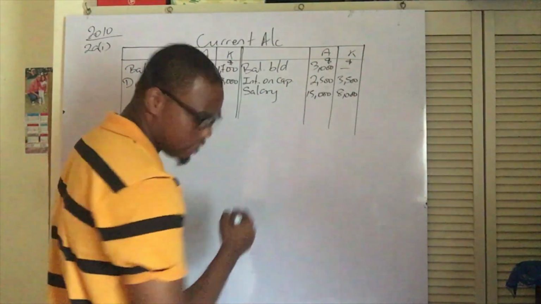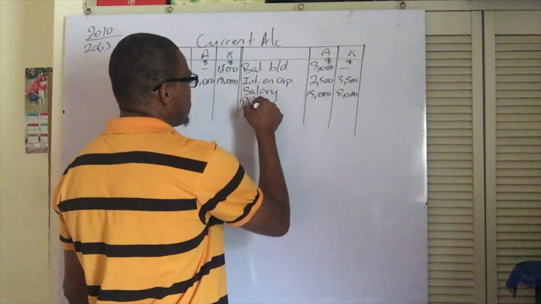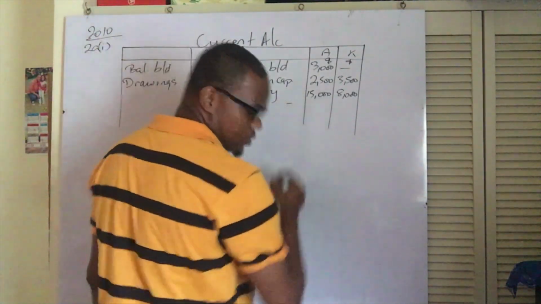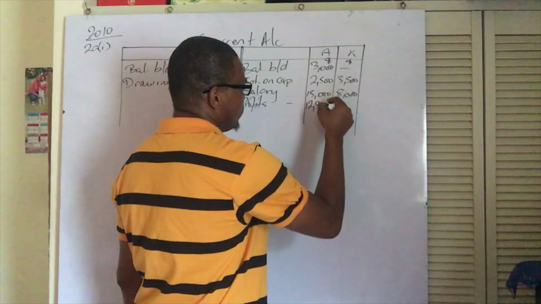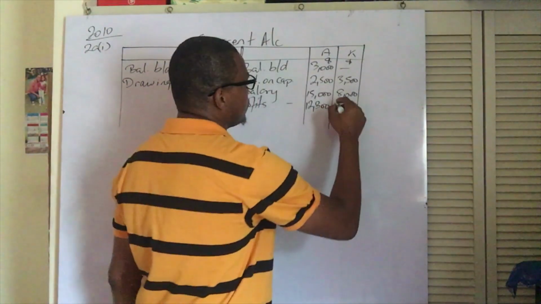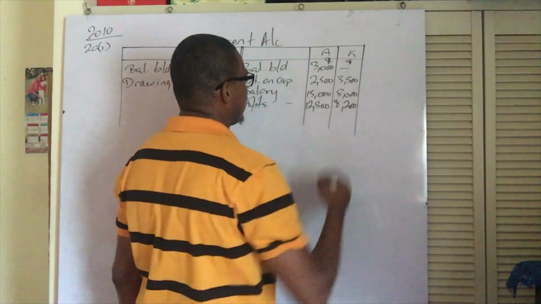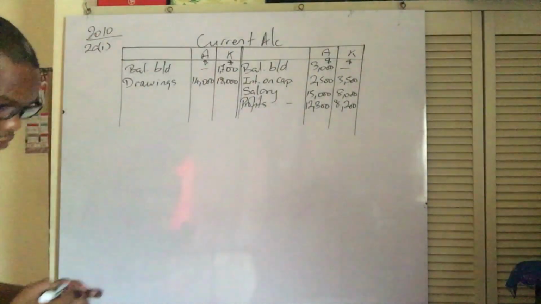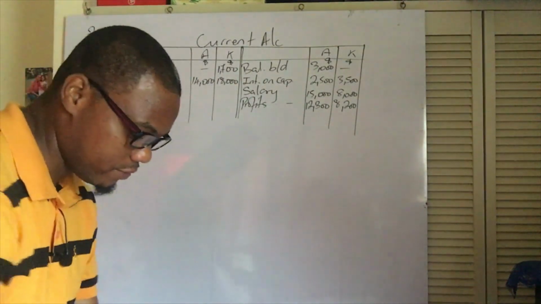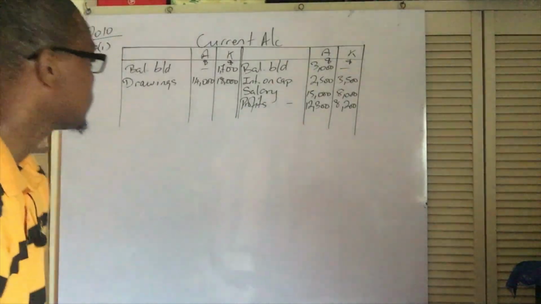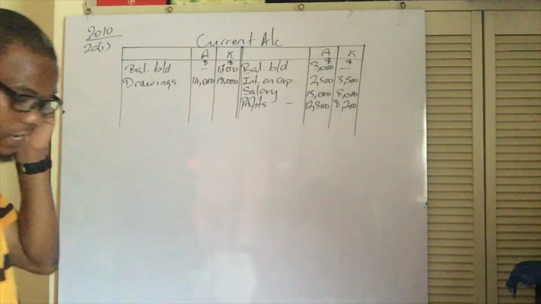And then you have share of profits. I can just put profits, not a big deal. Profits 12,300 and 8,200. Alright, so now that we have copied what they have there, I don't even think they're getting any mark for that, but they asked us to copy it.